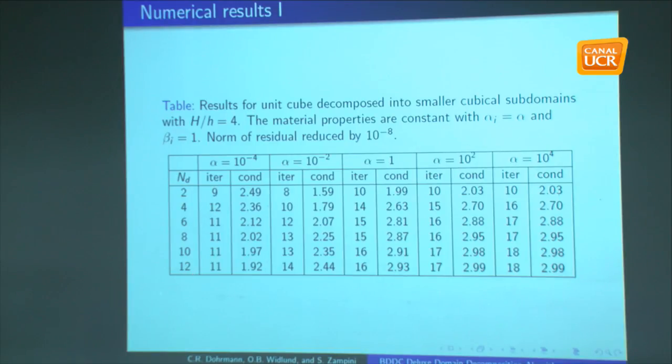And you see we reduce the residual norm by 10 to the minus 8, or 10 to the 8. And we see the iteration count actually stays the same essentially. When we change from mass-dominated to curl-dominated, things are not all that different. And we see condition numbers are very nice, between 2 and 3 often.